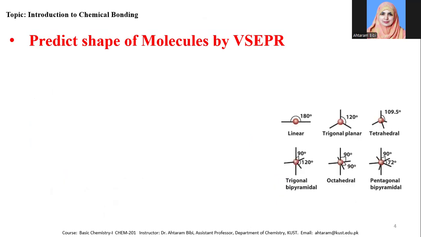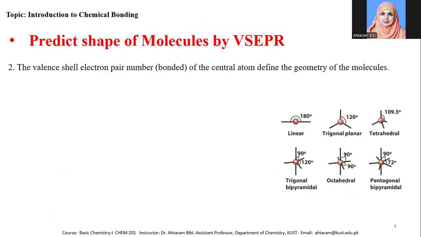Now, how can we predict the shape of a molecule by valence shell electron pair repulsion theory? We can see here different types of molecules with various geometries, and the number of valence shell electron pairs of the central atom defines the geometry of the molecule. For example, if there are two bonded pairs of electrons, then the structure will be linear, at maximum distance, and the angle will be 180. If there are three bonded pairs of electrons, then the structure will be trigonal planar.